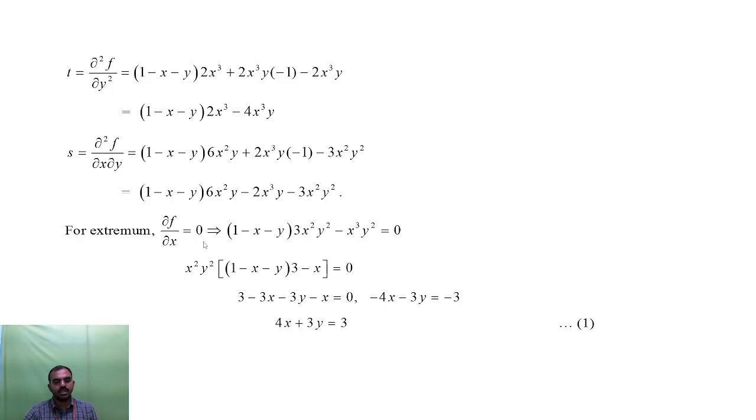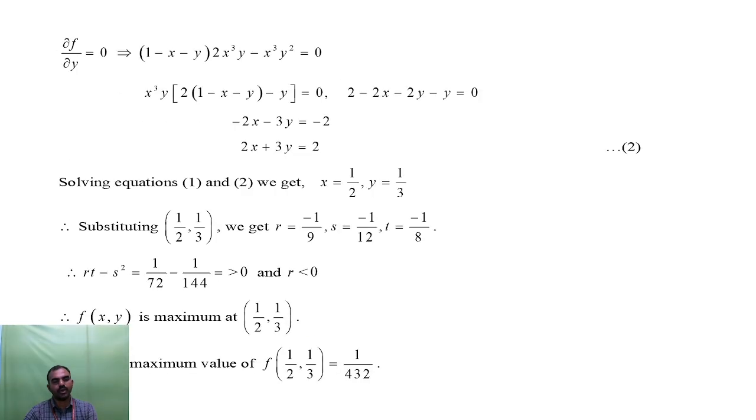So either that value is equal to 0, meaning x square y square equal to 0, meaning x value 0 and y value 0. So we do not have any result. So we consider this one. So 1 minus x minus y times 3: multiply, 3 minus 3x minus 3y, then minus x equal to 0. Okay, so minus 3x minus x, what do we get? Minus 4x. So minus 4x minus 3y equal to, that plus 3 goes to the right hand side, minus 3. So throughout multiply by minus: 4x plus 3y equal to 3.